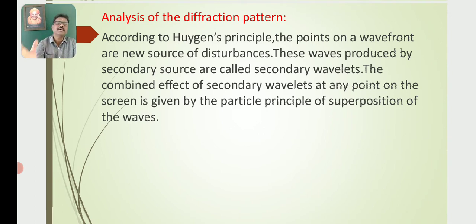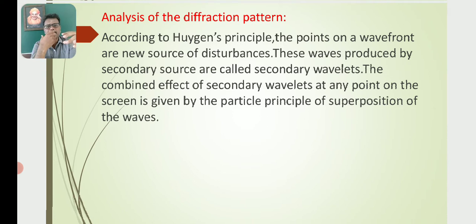The locus of all the points vibrating with the same phase, in the same state of vibration, is known as a wavefront. Again, every point in the wavefront is a new source of disturbance.